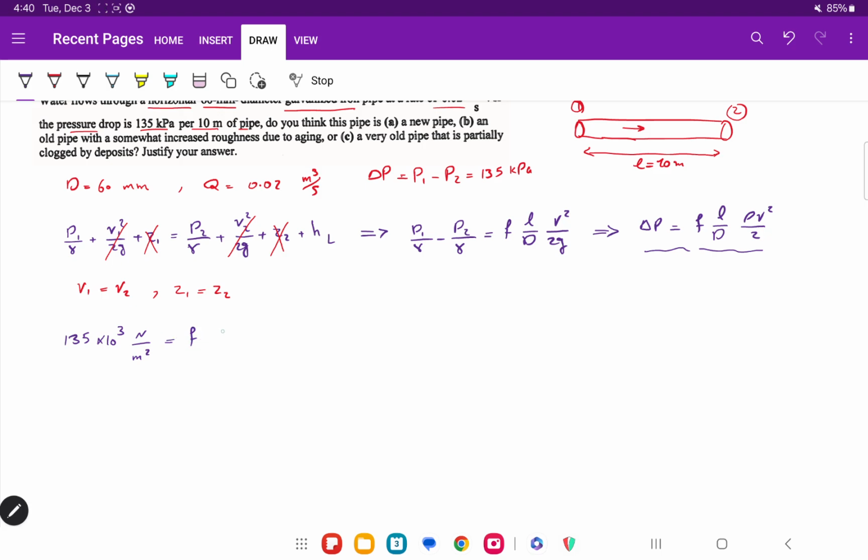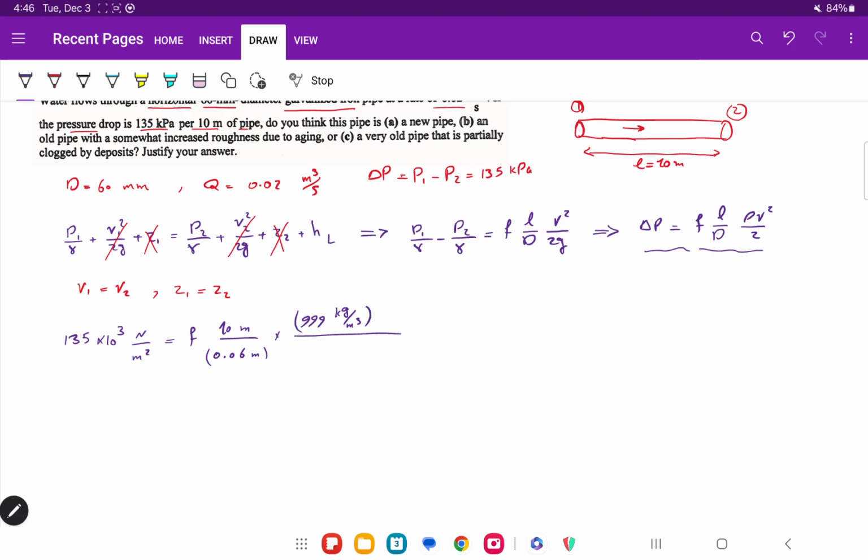We don't have that. Length, which is 10 meters, diameter 0.06 meters, times rho, 999 kilograms per cubic meter.